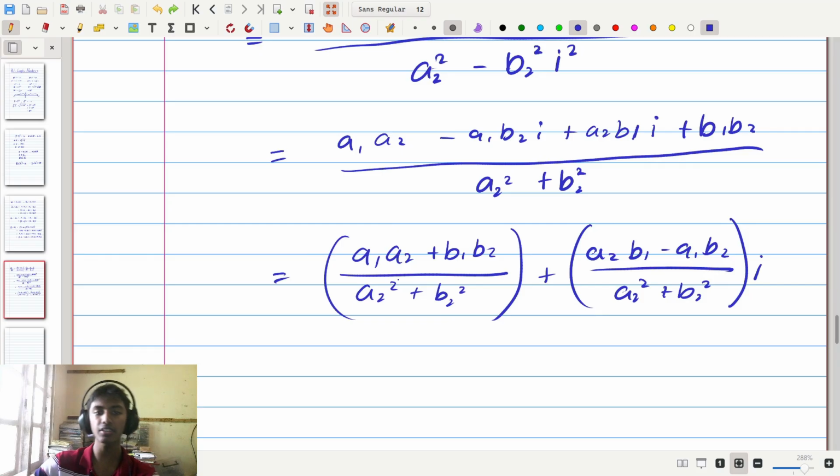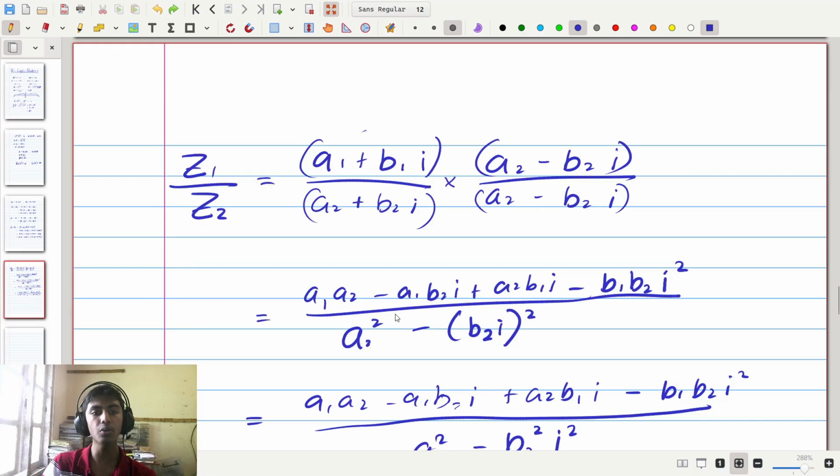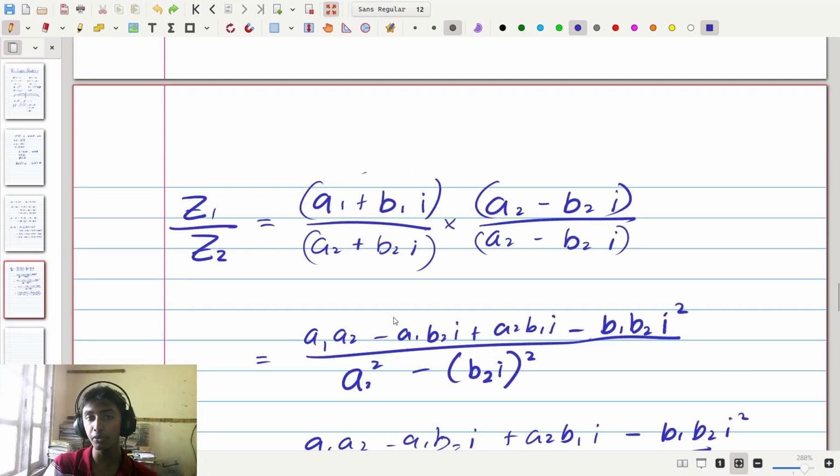Now here we can see we need the condition that a2 squared plus b2 squared is not equal to 0, because if a2 squared plus b2 squared was equal to 0, then we would have division by 0 in both of these bits. Now, how would a2 squared plus b2 squared be equal to 0?